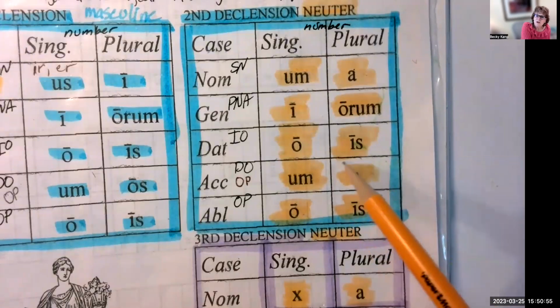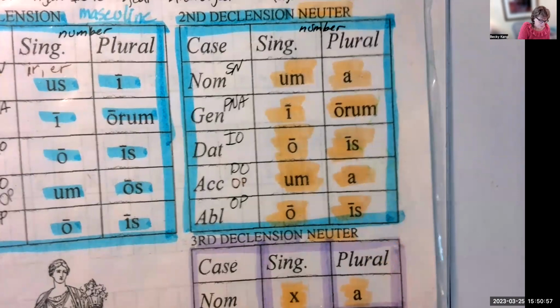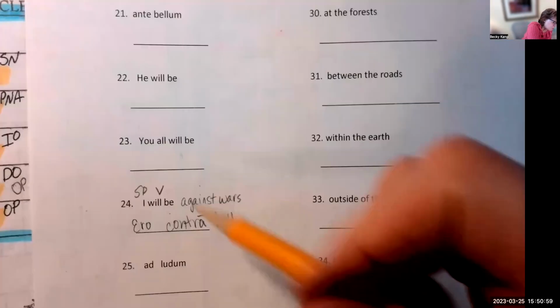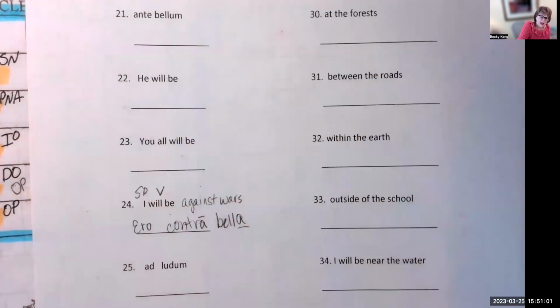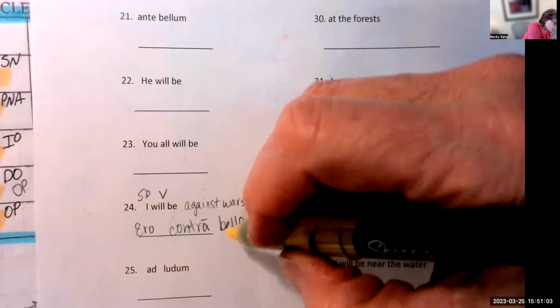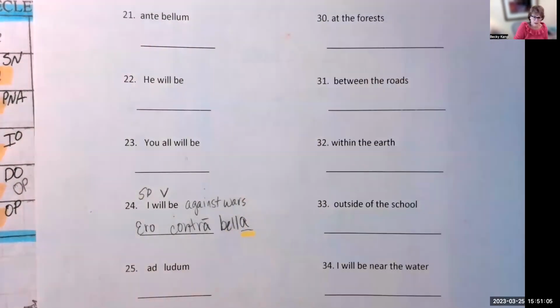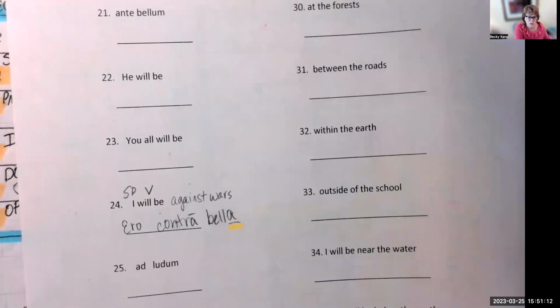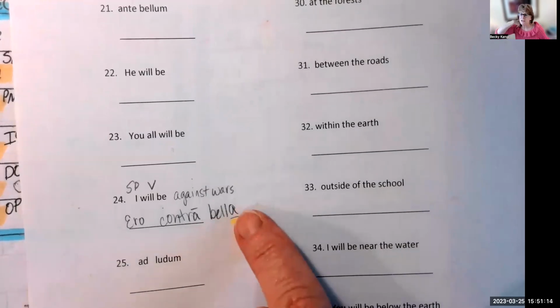So what's the plural one? Ah. So put it on there. And if you want, take your yellow marker and put a little underneath. So you can tell your brain, this is a second neuter noun, and it's plural. And I know that's tricky. It'll take you a while to remember that, but you'll totally get it.